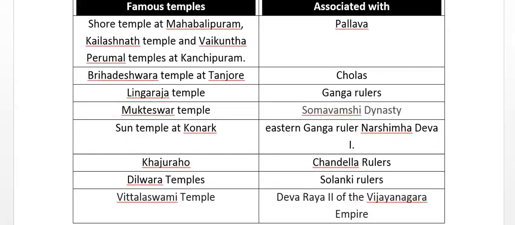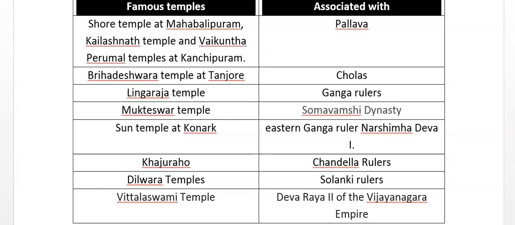For better understanding of the types of questions asked by the UPSC, we have provided some facts like famous temples and the rulers associated with them. For example, the temples at Mahabalipuram and the Kailashnath and Vaikuntanath temples at Kanchipuram were built during the rule of the Pallavas.